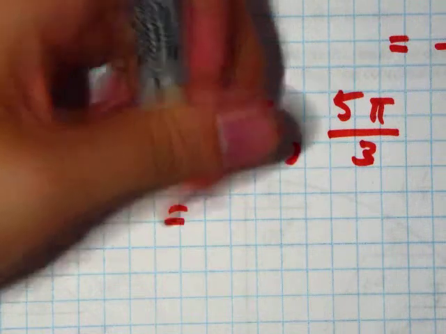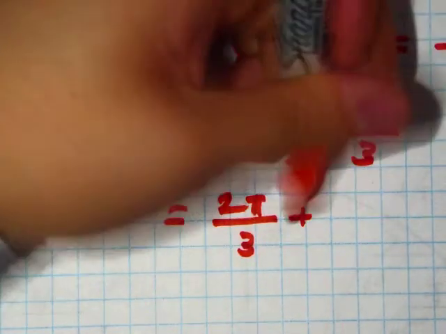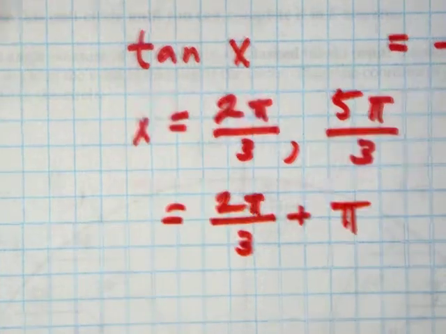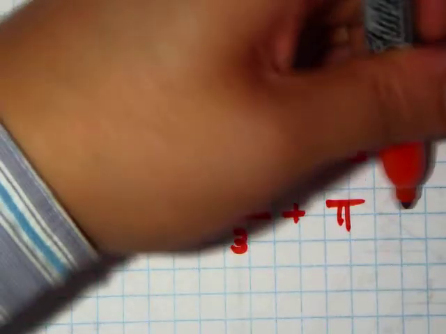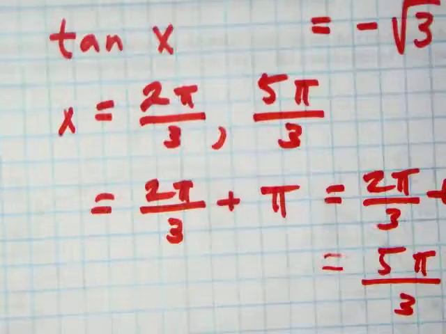Let's look at that: 2 pi over 3 plus pi. I'm going to convert that into a fraction, 2 pi over 3 plus 3 pi over 3, and that would be 5 pi over 3. Look at that. That is one of the answers we had.